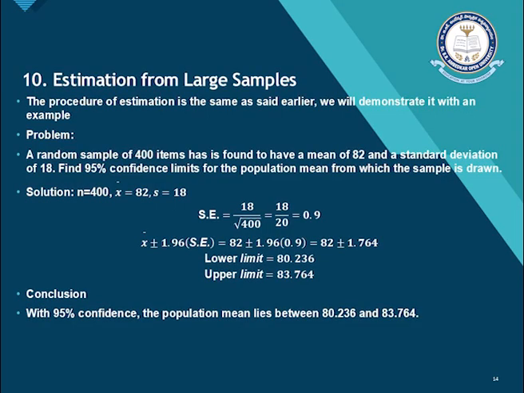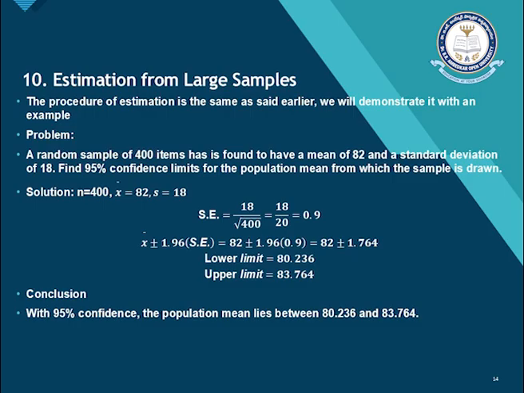So the point estimate is 82, whereas the interval estimate is the sample mean plus or minus 1.96 into standard error, that is 82 plus or minus 1.96 into 0.9, and we get 82 plus or minus 1.76.